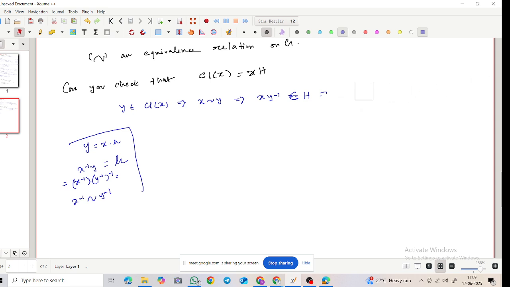So we have x related to y, and x inverse related to x, which is related to y, which is related to y inverse.